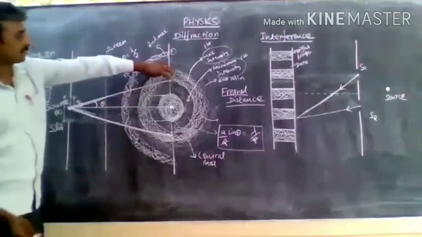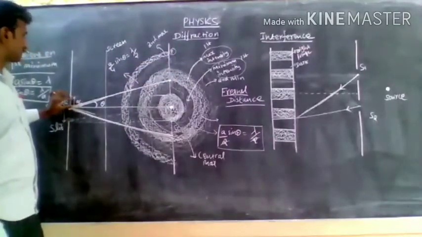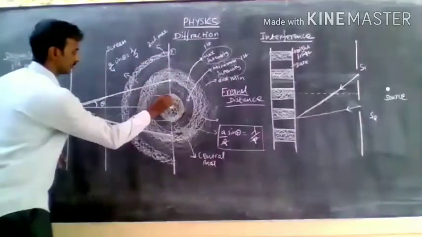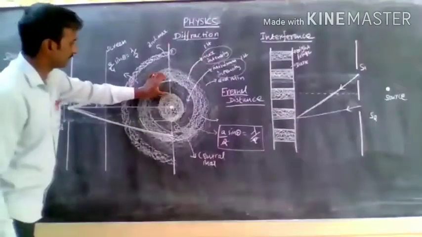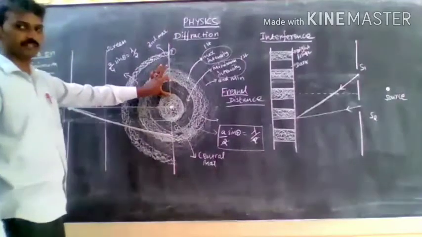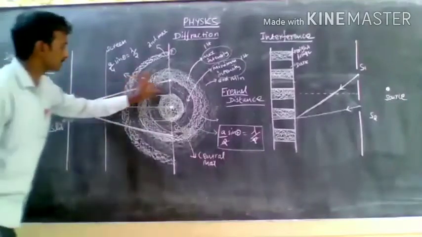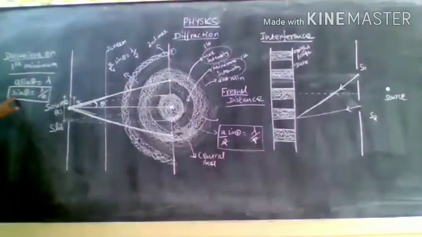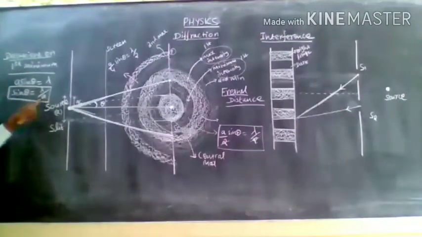This is the maximum end of the first minimum. So the angular spread of the first minimum is spreading from the central maximum to the maximum portion of the first minimum. So this is the angular spread of the first minimum, denoted by sin theta, and it is equal to lambda by a.